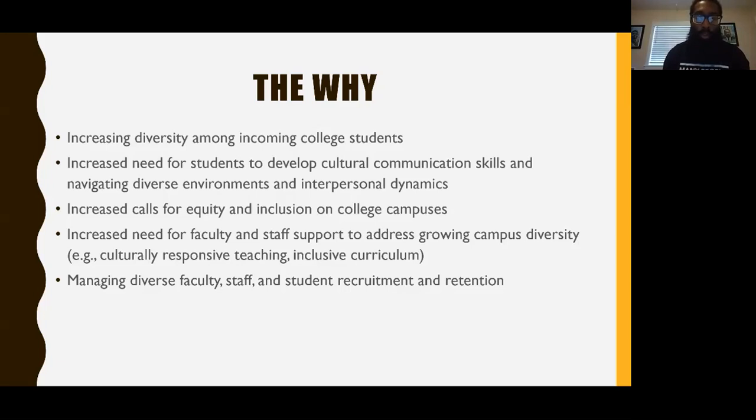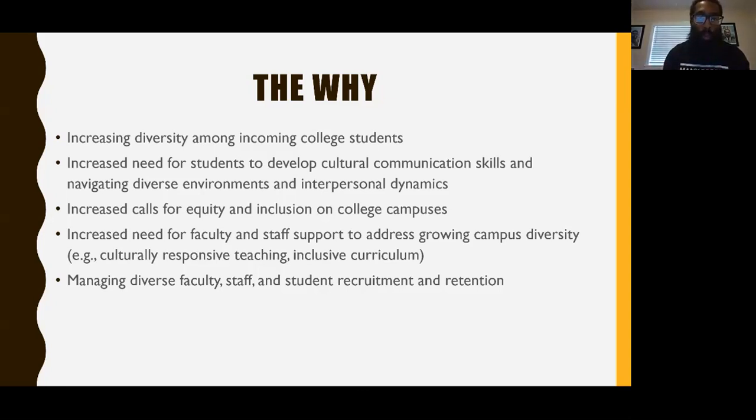But her generation of kids are our most diverse generation of college students that many of our college campuses have ever seen.